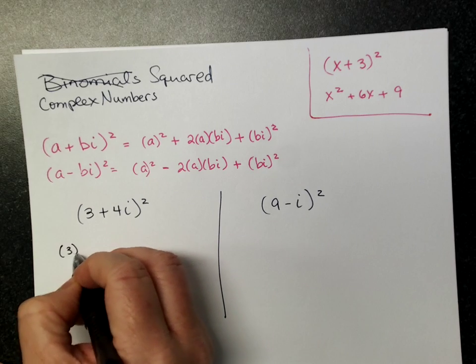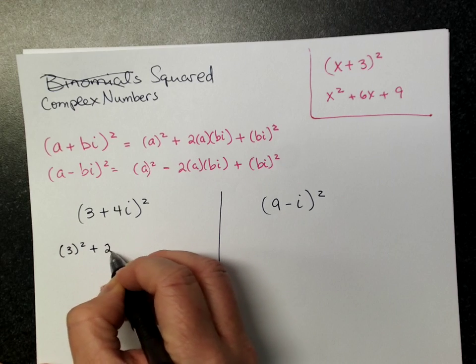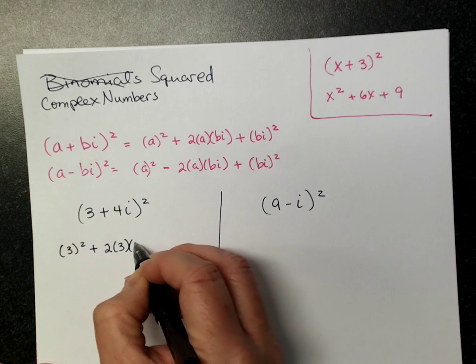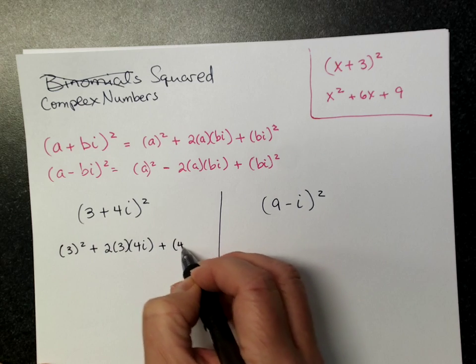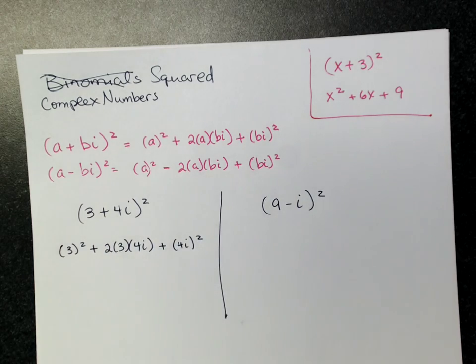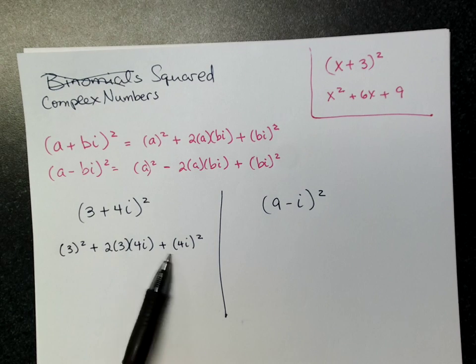So our first term squared, this tells us it's a plus. 2 times our first term times our second term, which is our bi, and then always plus our bi squared. And then simplify each little packet, and you will end up with a complex number. So 2 of these will be able to be combined.